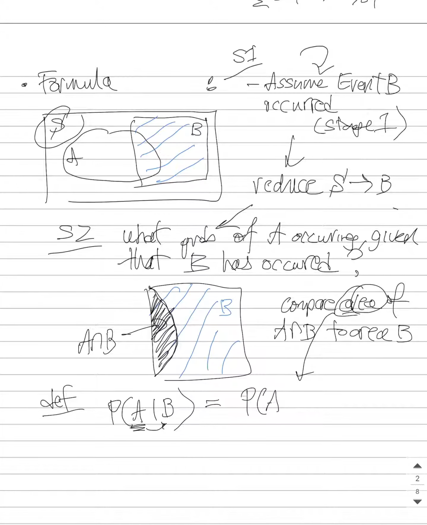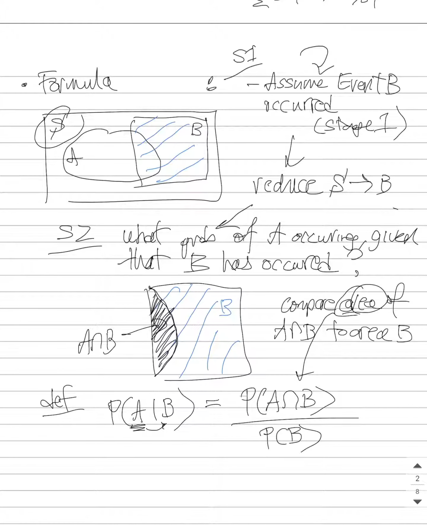That is going to be the size of the part that has A compared to the entire area of B. So I'm just interested in the ratio of how much of A fills up B. This is what's called conditional probability. If you know that B has happened first, you restrict your world to the box B, and within that restricted box, you ask how much of it is taken up by A. What's the chance of me hitting an A within that box B?